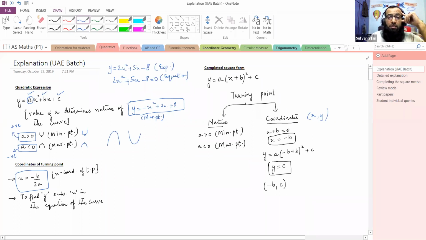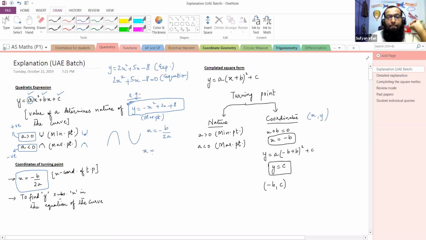So with this form, we can determine the nature easily. But how to find the coordinates of turning point? The formula is x equals negative b upon 2a. So if this is the example that I've given, an examiner tells me to find the coordinates of turning point, do I need to convert it into completed square form? No, it's not essential for us to convert. We can directly use this formula.